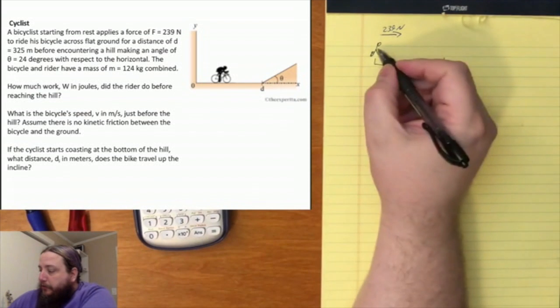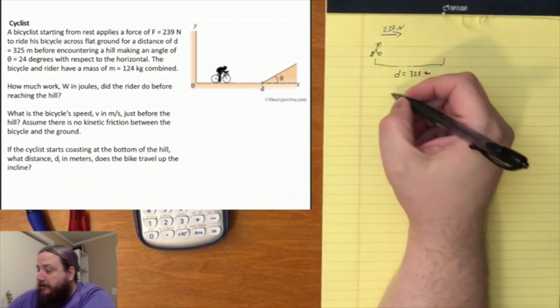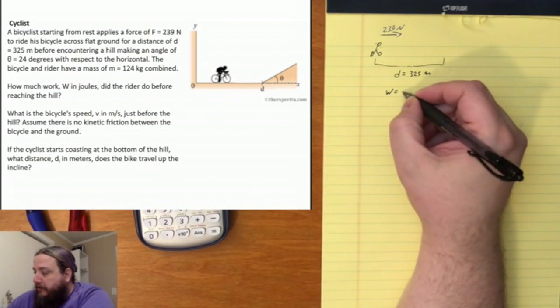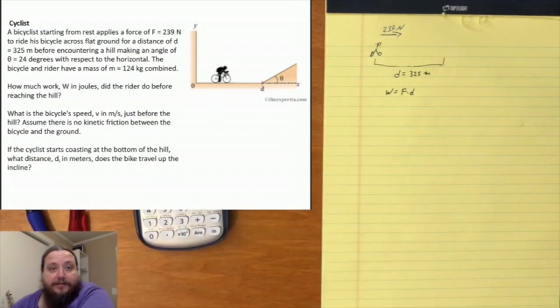A force multiplied by this distance will give us the work being done. The displacement and the force are in the same direction, and so the work will just be F times d.